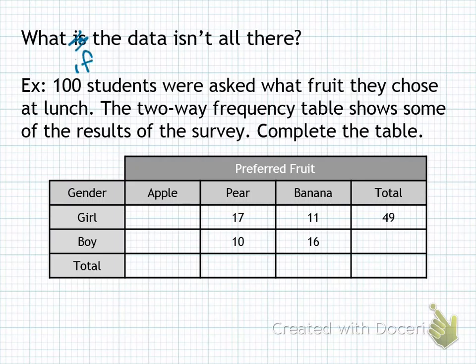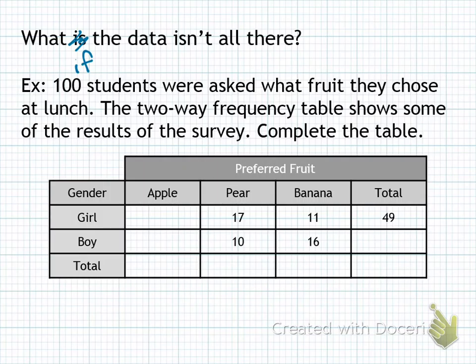Okay, so 100 students were asked this question. So first thing we would want to do, there's a lot of ways that we could approach this problem. Maybe first we would put, okay, there's 100 students, so I know I'm going to put 100 in this box. Different ways that I could strategize how to fill this in.